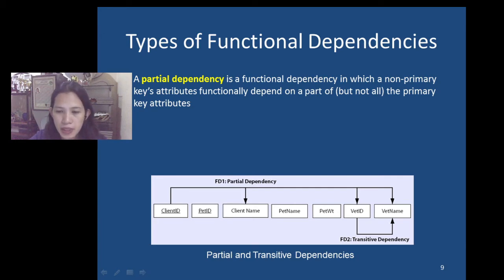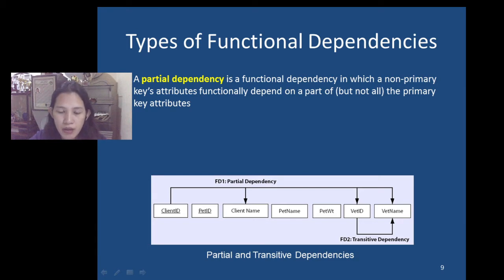And in functional dependency number 2, we can see that the vet ID determines the vet name. So, our partial dependency is the first functional dependency, or functional dependency number 1.